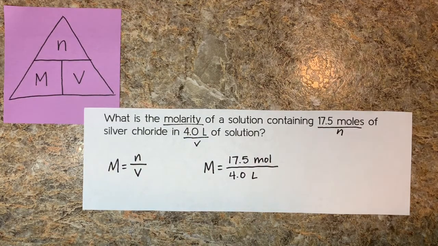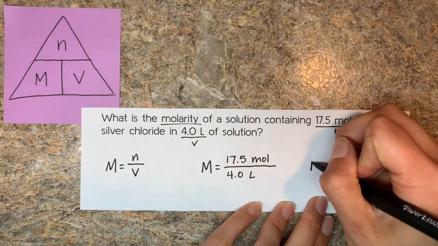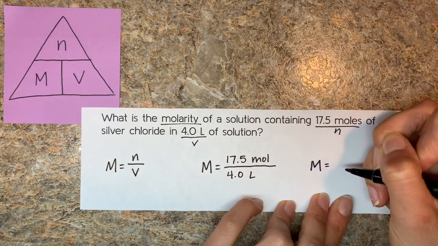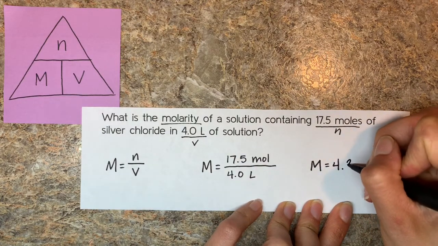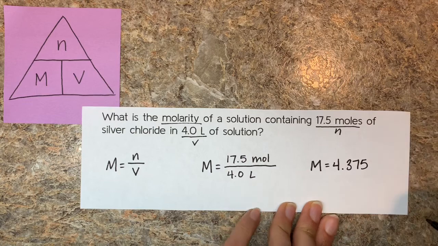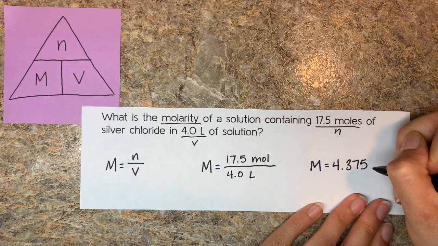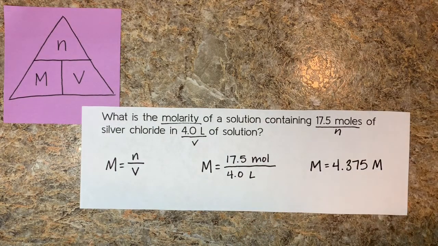Now I just have to plug and chug. When you plug this into your calculator, you should get an answer where the molarity is equal to 4.375, and the unit would be a capital M for molar.